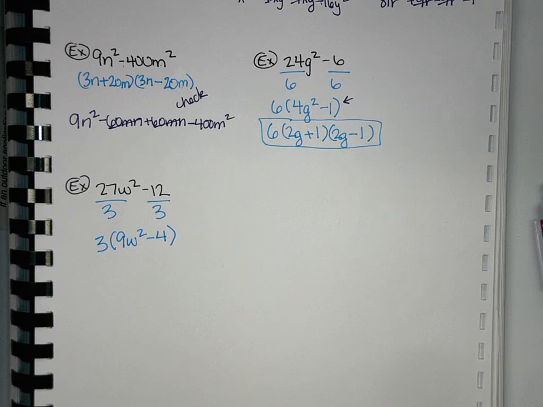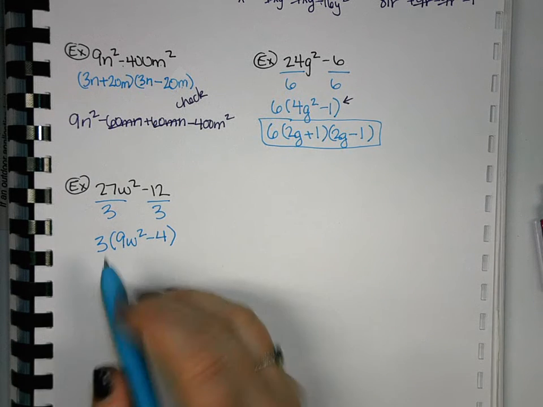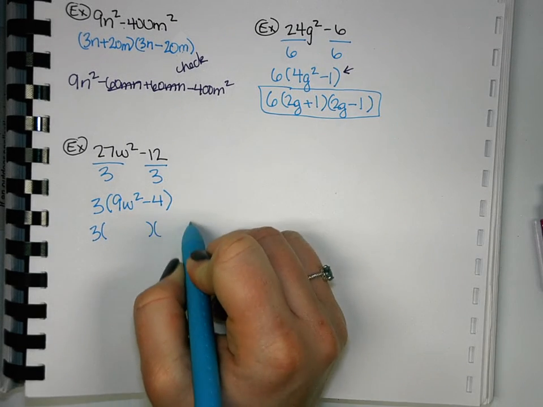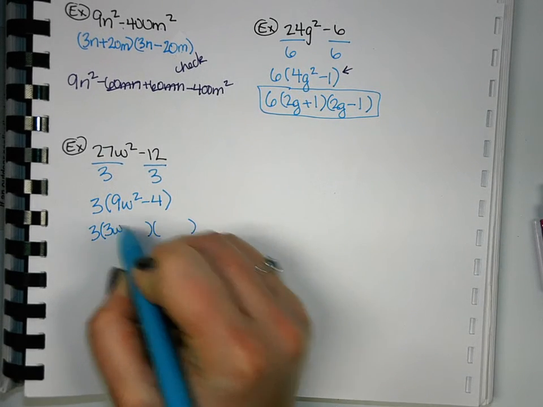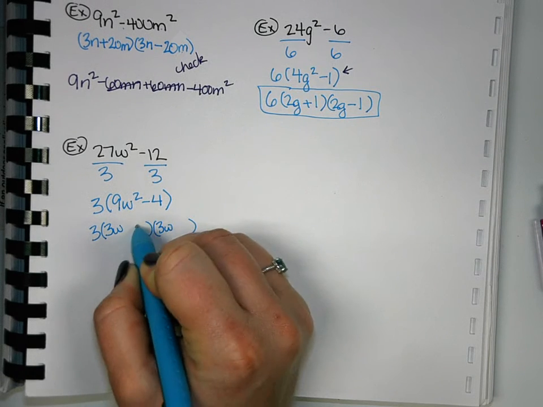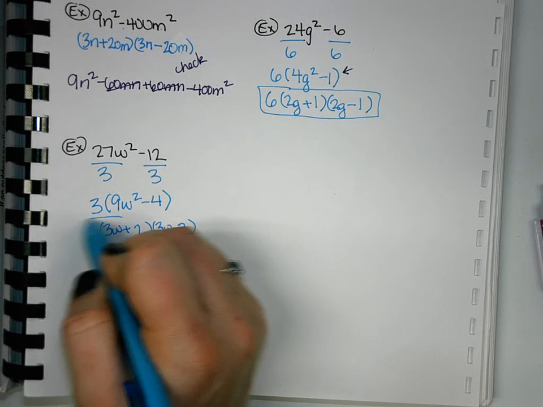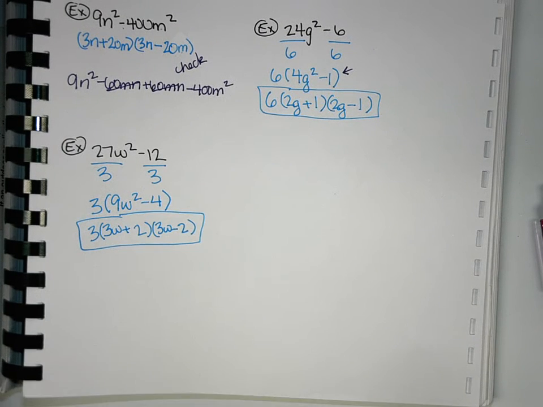Perfect squares? Yeah. So what's the square root of 9w squared? 3w. And the square root of 4? 2. So a plus and a minus. All of that together is our answer.